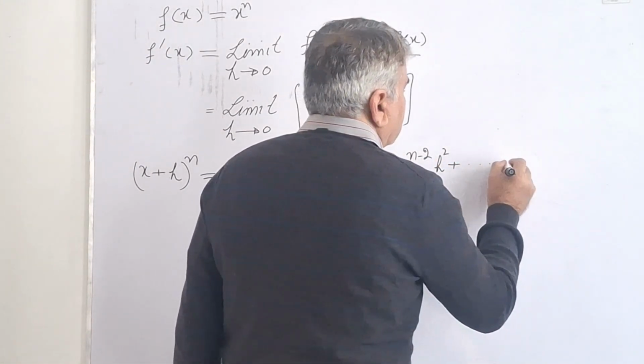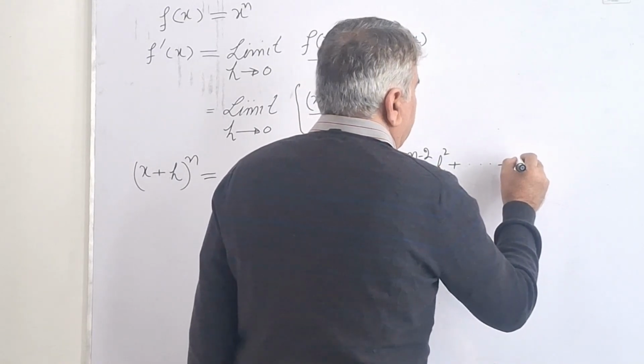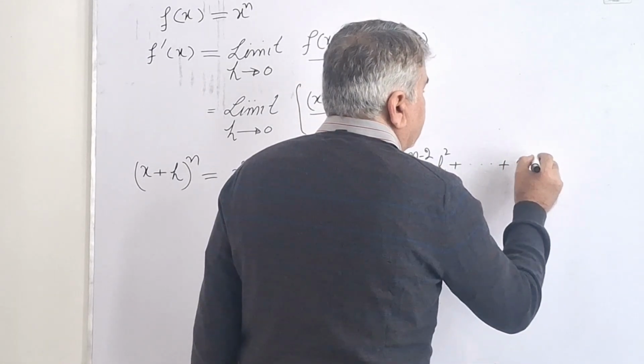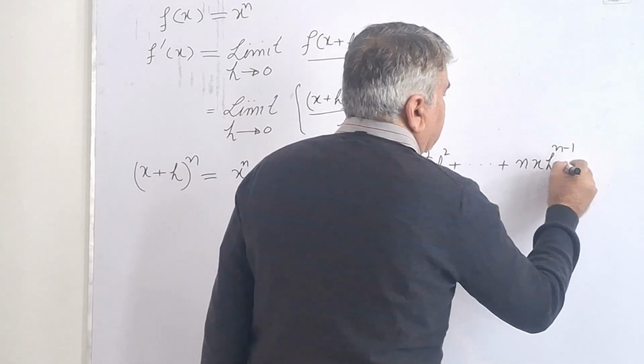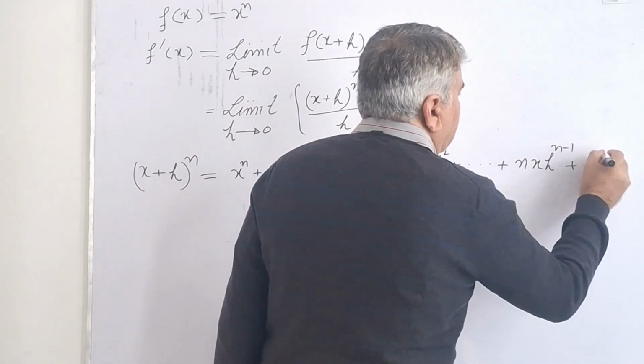At the end we have n x h power n minus 1 plus h power n.